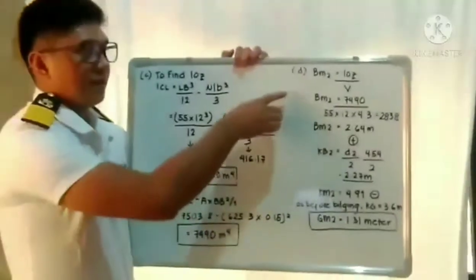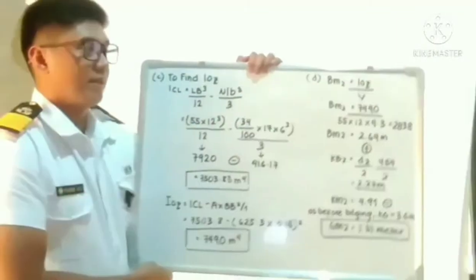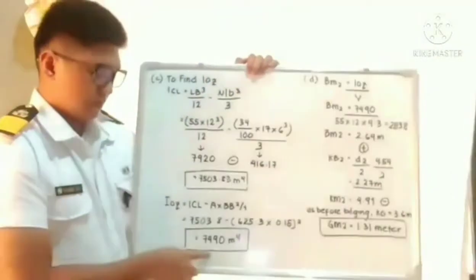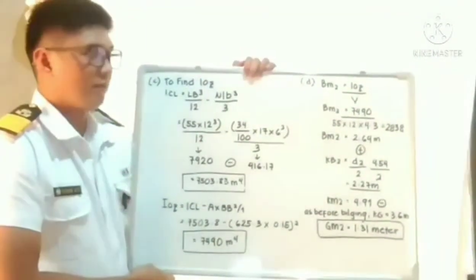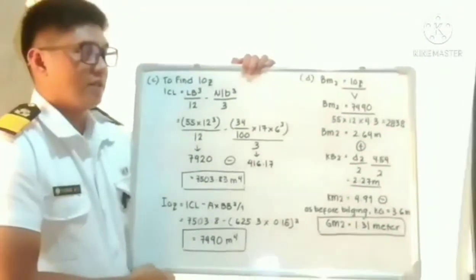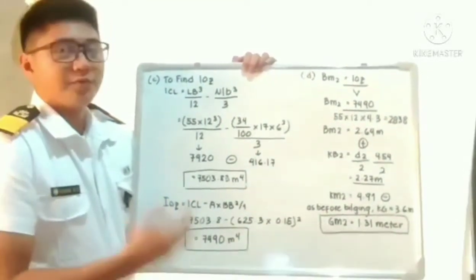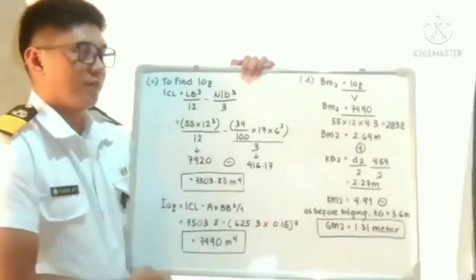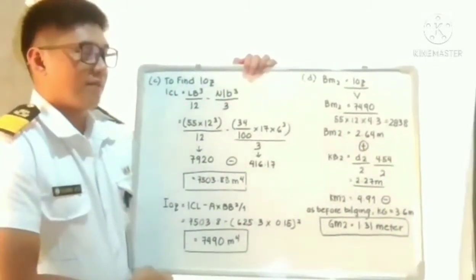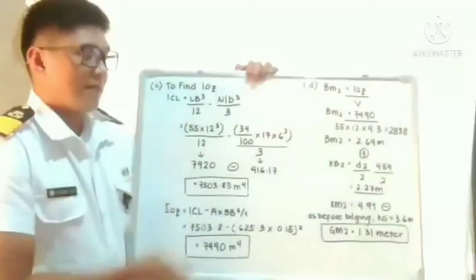So here, the port method, so we have the BM2 is equal to IOJ divided by the displaced volume. So BM2, 7,490 divided by 55 times 12 times 4.3, our even keel draft. So you have 2838. Okay, so you have to divide the numerator and denominator value to get the BM2. So 7,490 divided by 2838, you have 2.64 plus the KB2.